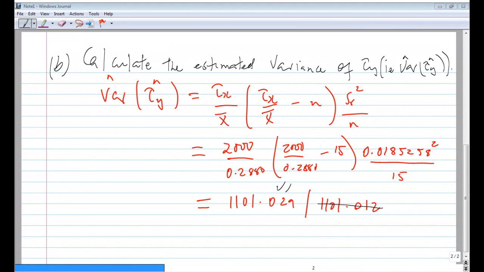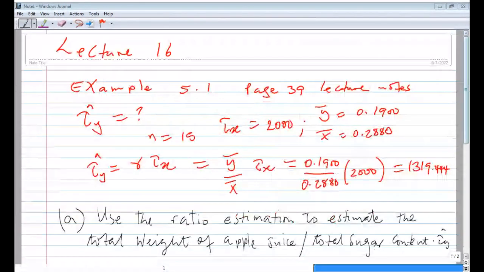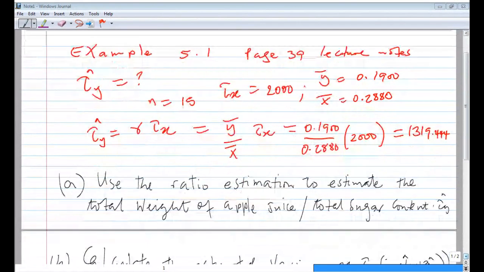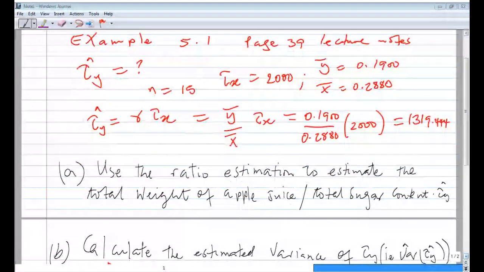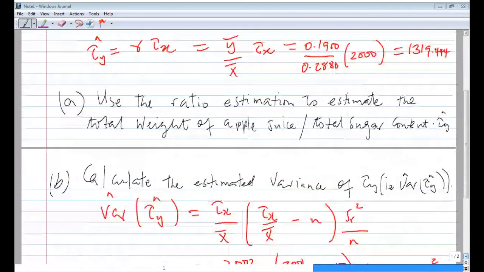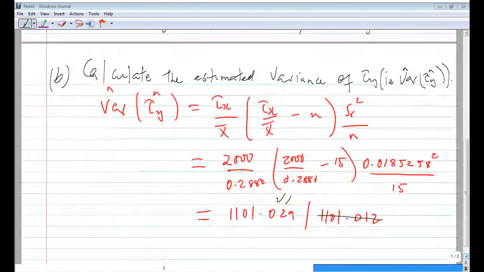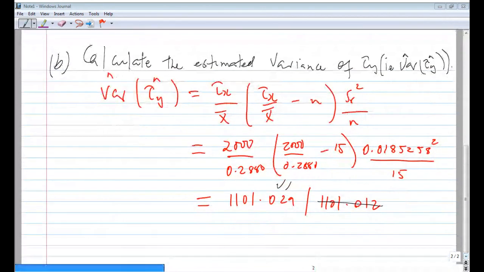Sir, can you go back to A? I just want to confirm something. Okay. Let me go back. Okay, thank you. Now, let's find a bound on the error of estimation for the population total.